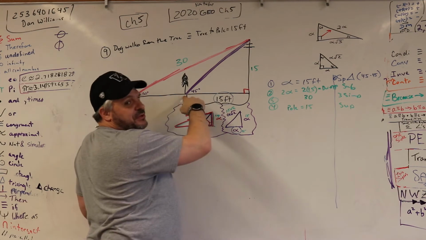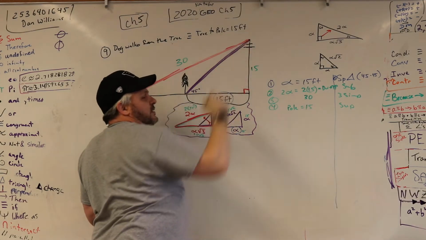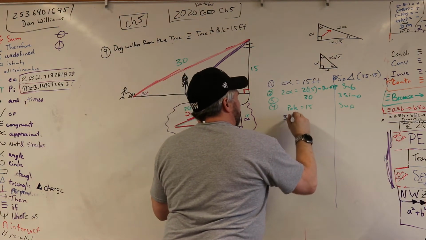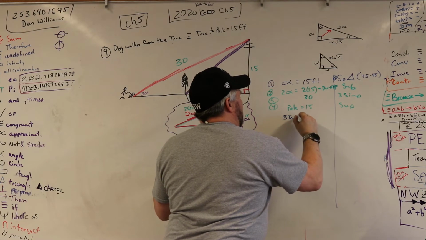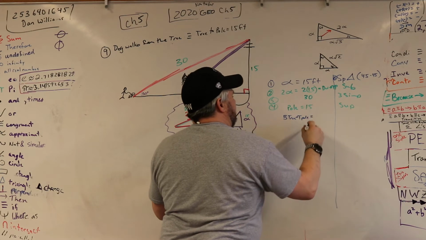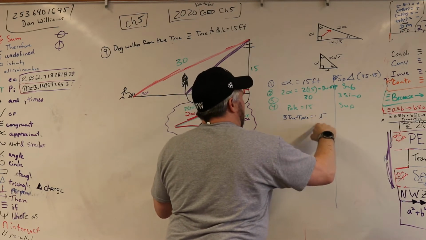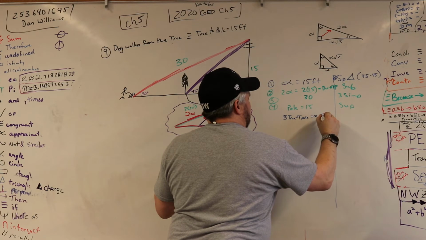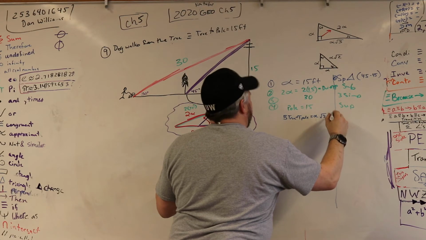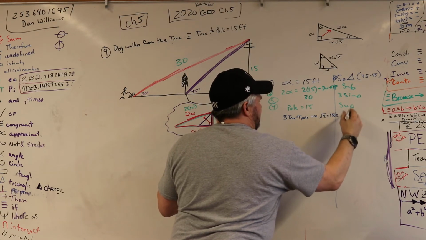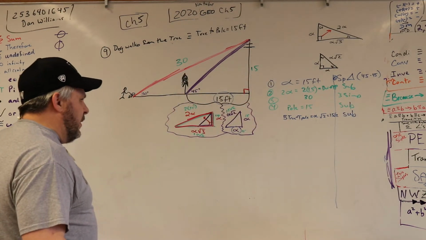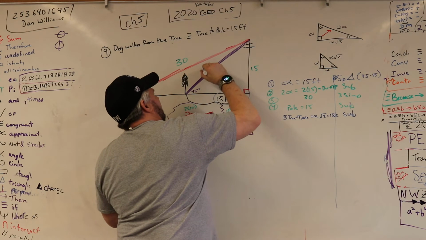This one from the bottom of the tree to the top of the pole is equal to alpha square root 2, which is equal to 15 square root 2, and that's substitution. So we know that this is 15 square root 2.